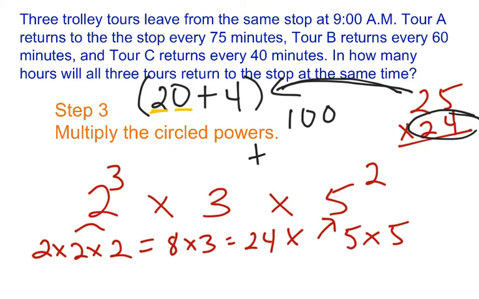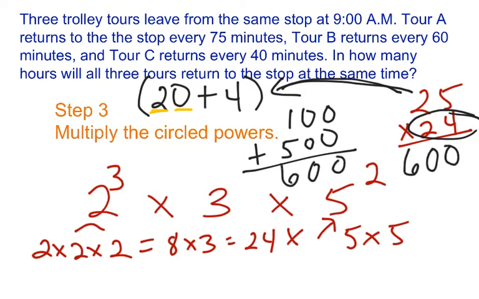So that would be 500. So now you have really easy numbers to add. You can add 100 plus 500 and get 600. Should have written it there first. So now that you've done that, you know that 25 times 24 is 600.